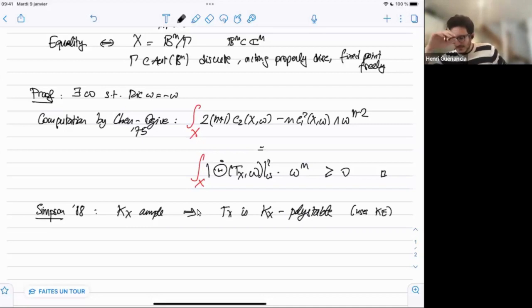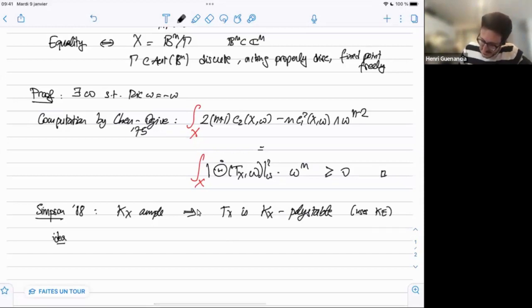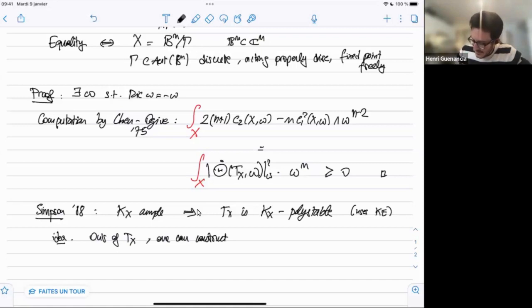that T_X is polystable, then you can give a completely differently flavored proof of the uniformization theorem. And the way it goes, I'm not going to go into the details because it's a bit lengthy, but the idea is that out of T_X, one can construct another vector bundle, actually a Higgs bundle. Is that so crazy?